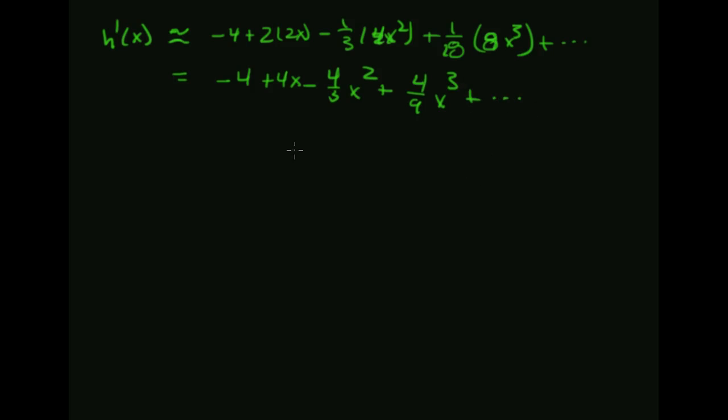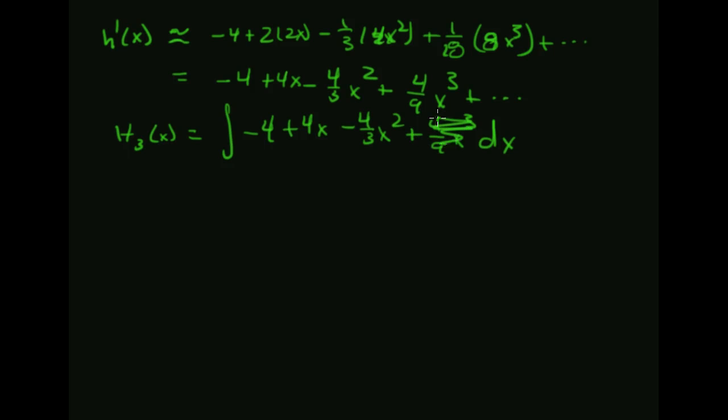All right, so that being said, the third degree Taylor polynomial for h is going to be the antiderivative of this dx.